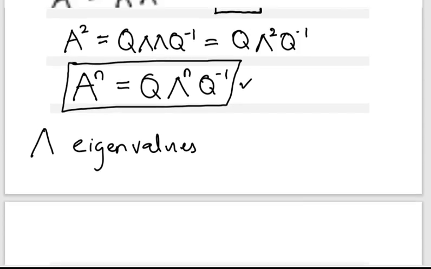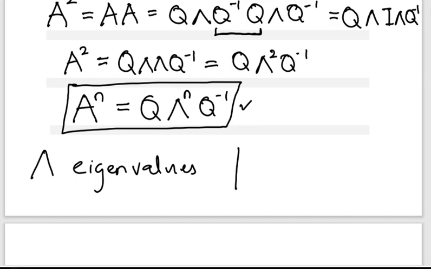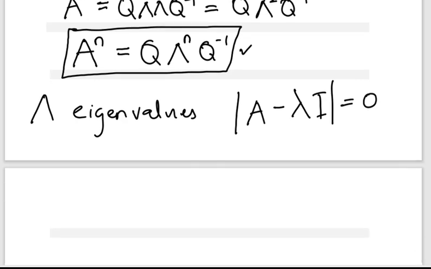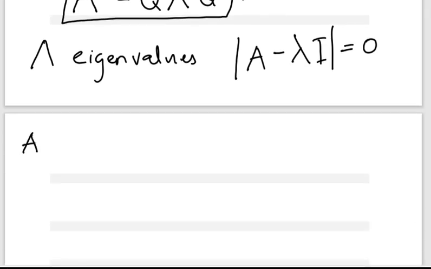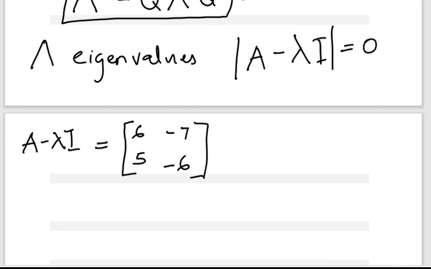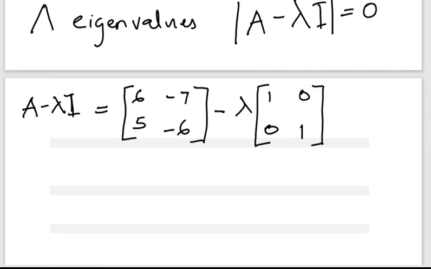What's the formula used for this? We solve the determinant of A minus lambda I equals 0. Let's start by solving A minus lambda I. Our A is 6, 5, negative 7, negative 6, minus lambda times the unit matrix, which is 1, 0, 0, 1.